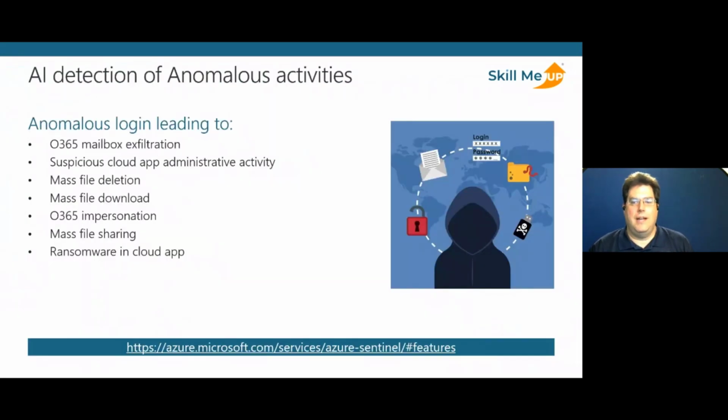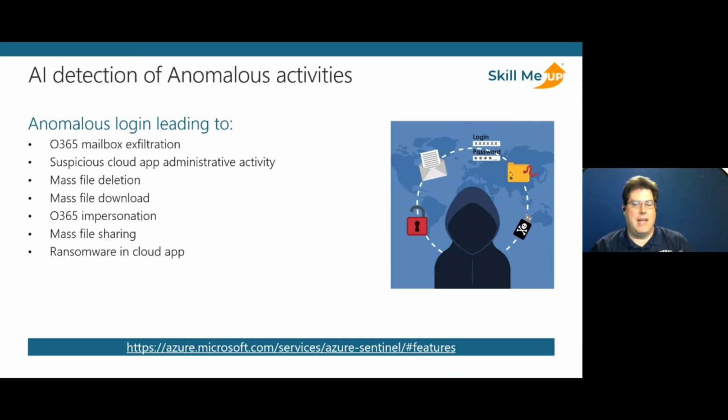Some of the anomalous behaviors it looks at are things like insider risk management, and again, information protection and identity protection around your Office 365 mailboxes, and suspicious cloud app administrative activity. That can be detected in Cloud App Security, but it gets pulled in once you connect those sources, like we did, into Azure Sentinel.